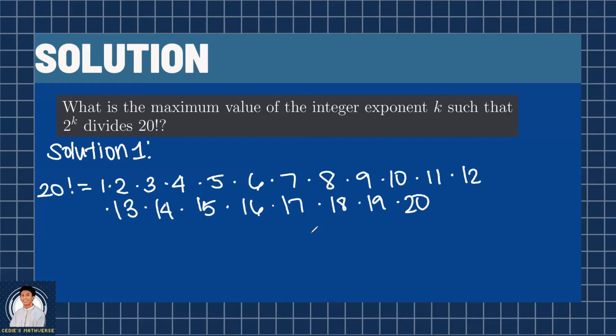Since we are only concerned about factors that have 2, we will remove the odd numbers. So we will just get the multiples of 2 for each factor, or the powers of 2 rather.